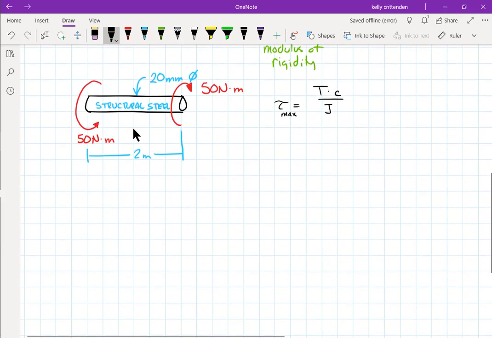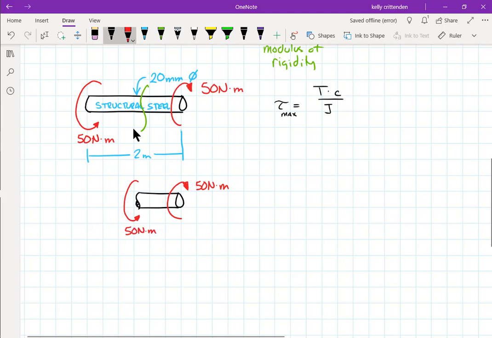Technically, remember, that torque is the internal torque, so we ought to cut this guy open and see what's going on on the inside of it. And we've got the 50 Newton meters external, and for this little section, this little free body that we cut open to be in equilibrium, I would need 50 Newton meters on the inside.